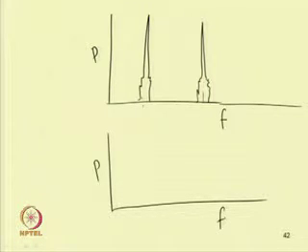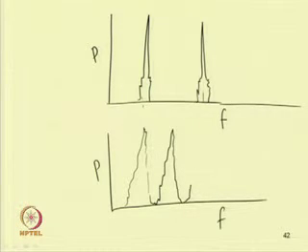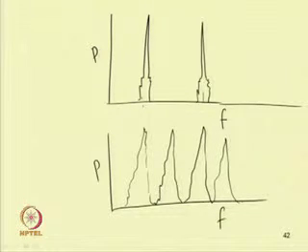But in case of the chaotic response, one can observe a continuous band in the power spectra. So, a continuous band represents a chaotic response.